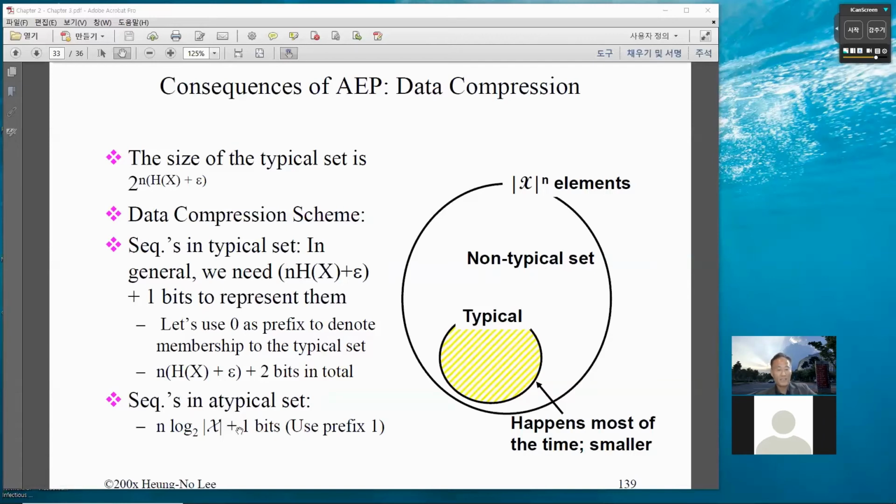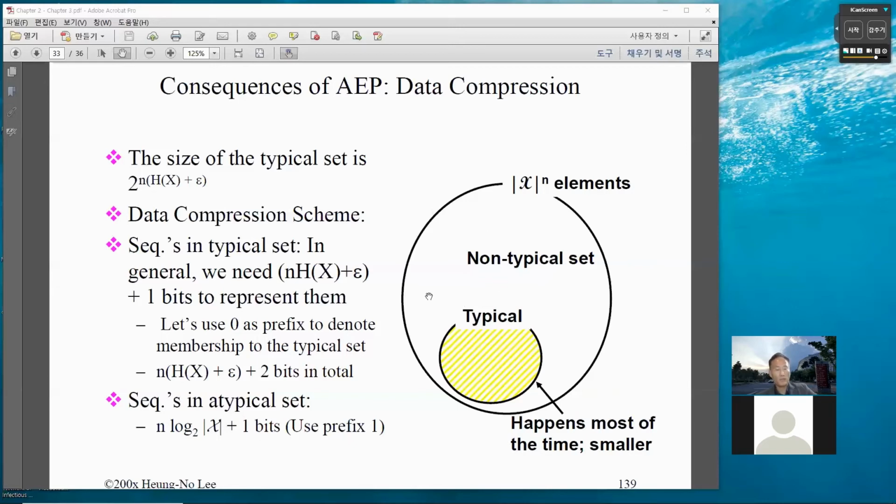Basically, it is the size of the symbol alphabet taken to the nth power, okay? So in this case, you don't get any data compression effect at all. And then you also need to add 1 bit in order to distinguish between a typical set element and a non-typical set element.